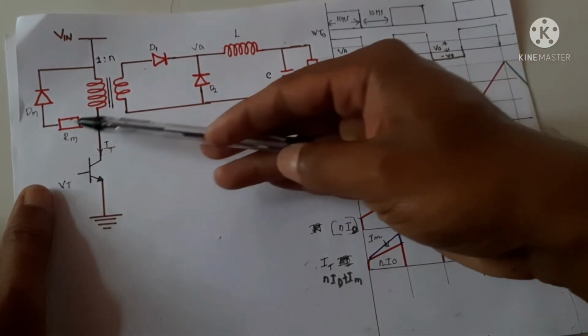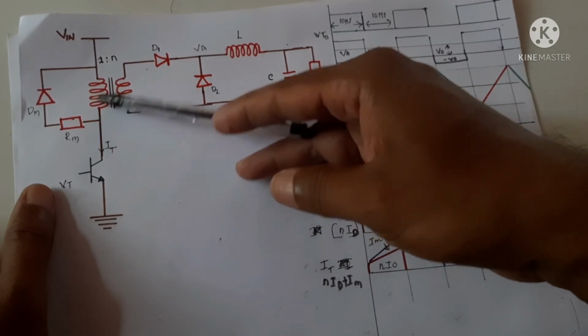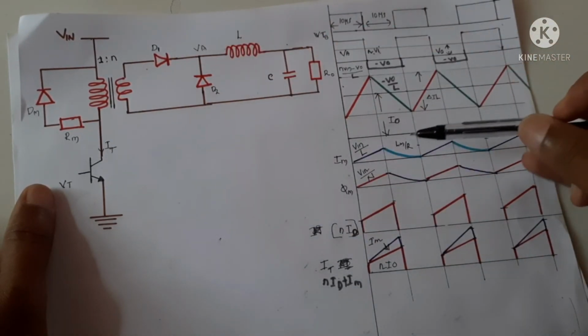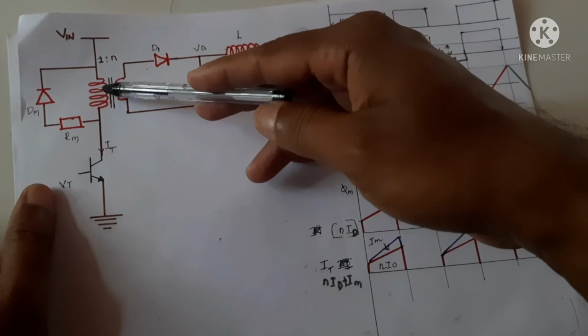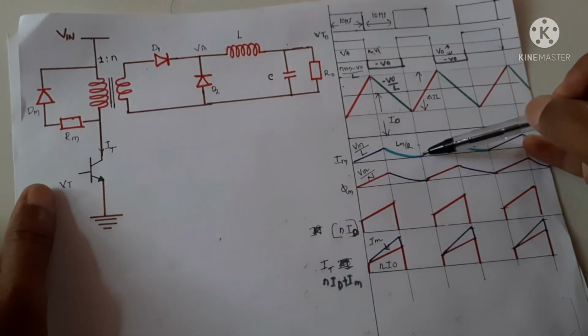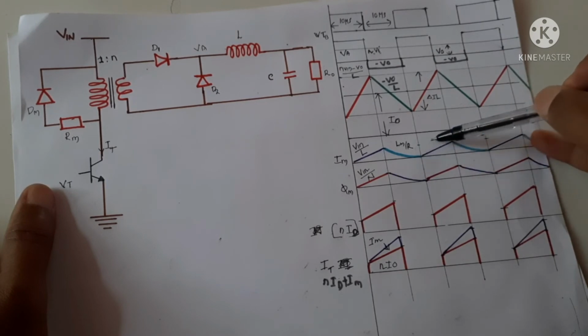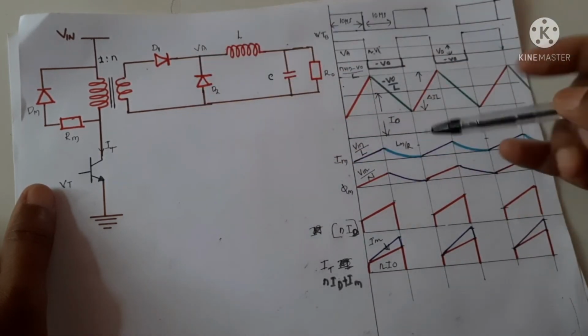While designing the snubber circuit, the circuit designed to reset the core, we have to make sure that the resistance value does not fall too low. If the resistance is low, the inductor will not be reset early. It will take more time, and by the time the transistor turns on again, the flux keeps increasing and becomes saturated.